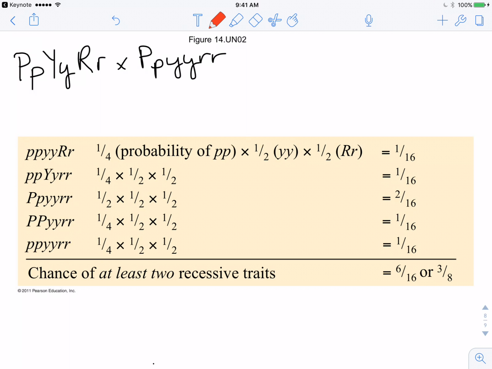And then if we're going to look at something like this cross, okay, we have a plant heterozygous for 3 genes crossed with a plant that is heterozygous for 1 gene and homozygous recessive for 2 genes.